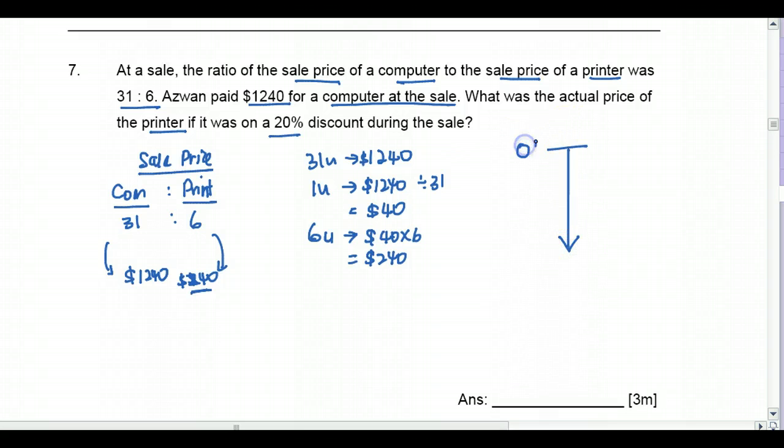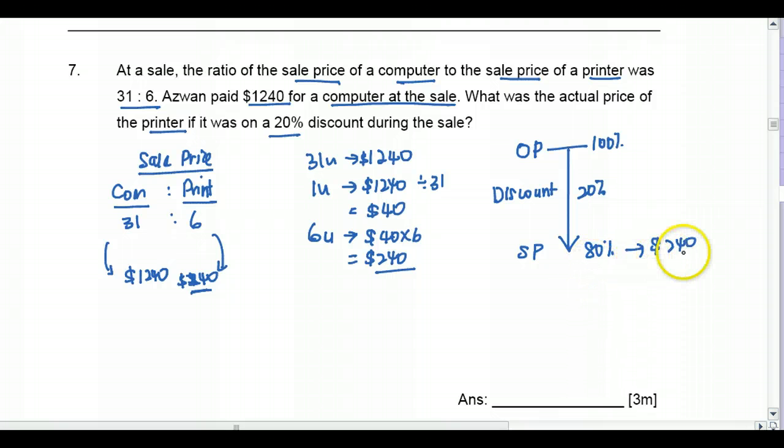So this is your original price, your discount 20%. The sale price is 100% minus 20%, so it's 80%. And your sale price given is $240. It's where we have found 6 units.